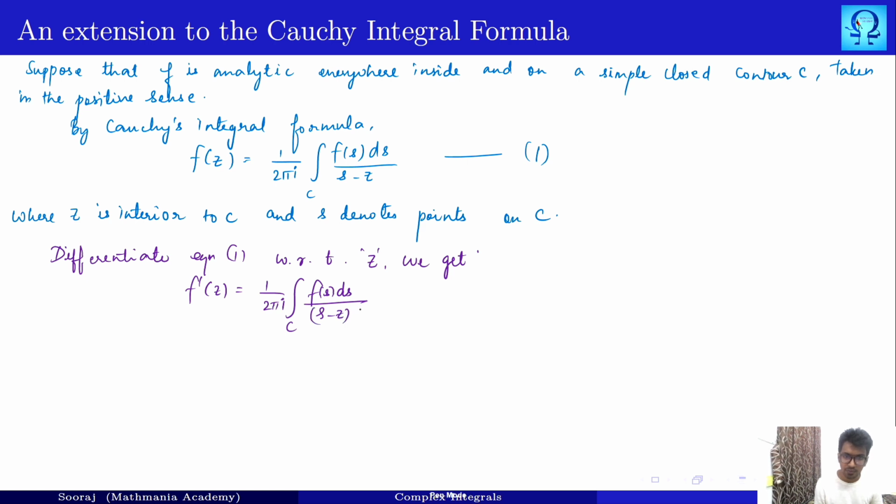The numerator is independent of z, and when we differentiate s minus z, the minus comes out. So this is what we expected to get, right? Did I use any rule? I don't know if the differentiation process that I did is right or not. So we expect this to be our derivative value, and we are going to prove it in the rest of this proof.